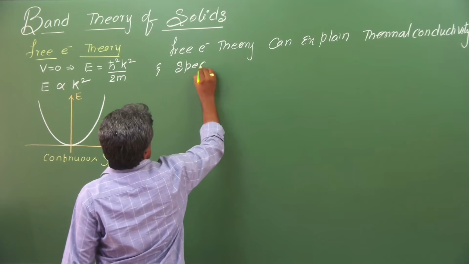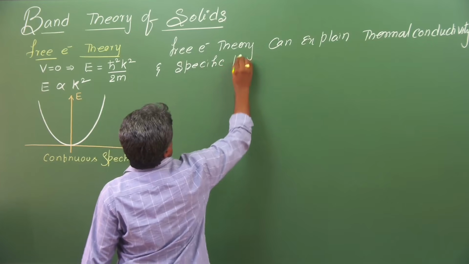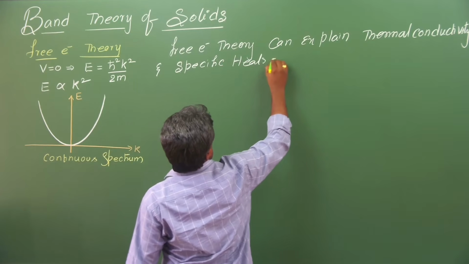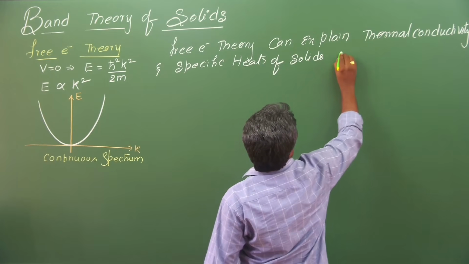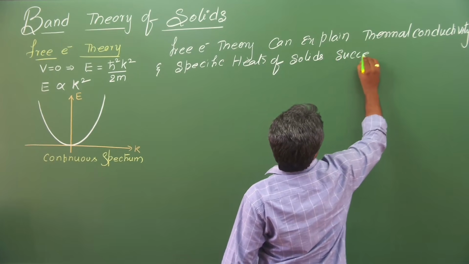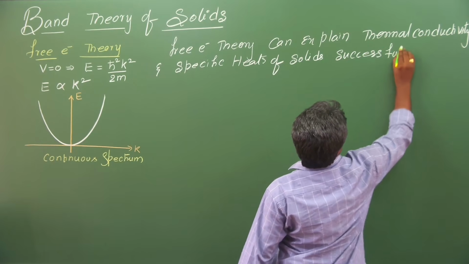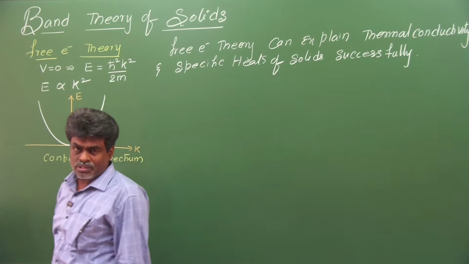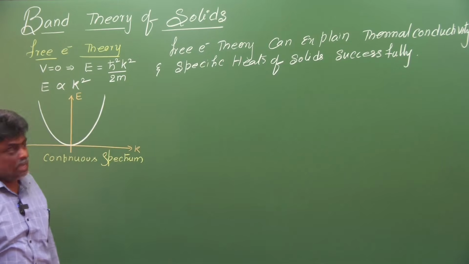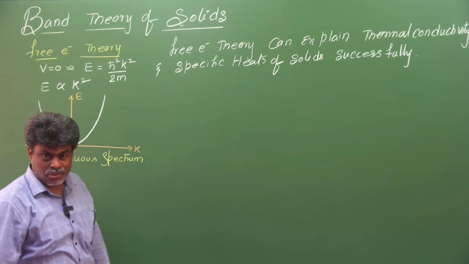Specific heats of solids, this one we explained clearly, successfully. It's not a failure theory. It's a successful theory, by which we can explain the thermal conductivity as well as specific heats of solids.